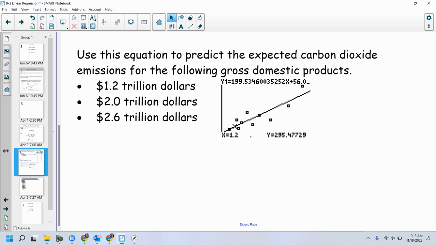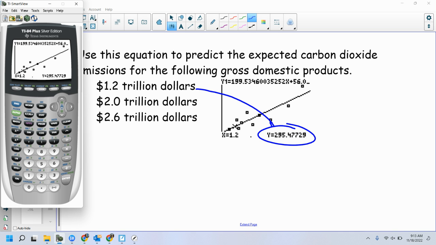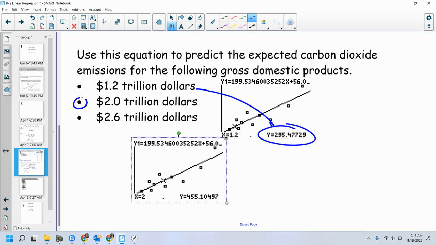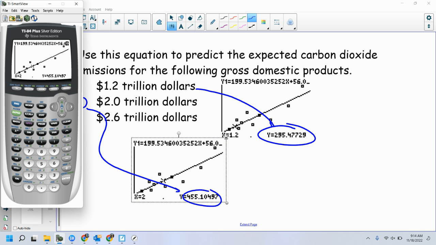So here's my 1.2. I'm going to do the same thing with 2.0. Second calculate value of 2. I'm going to do the same thing with 2.6. See, I didn't even need to run any calculations there. That was hardly any work for me to do those three.